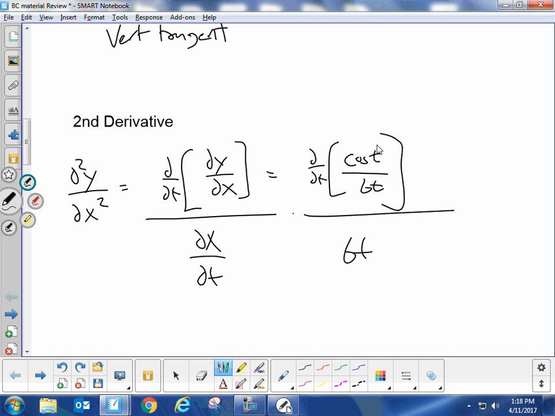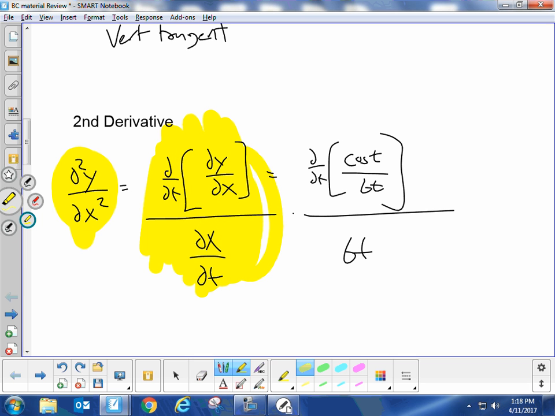I'd have to use the quotient rule to take this derivative and then divide it by dx/dt. So this is a common question asked on the BC exam, the second derivative of parametric equations, and students often forget it's this special second derivative. Okay, so concentrate on that. Take the derivative of your first derivative, which is dy/dt over dx/dt, and divide that by dx/dt.